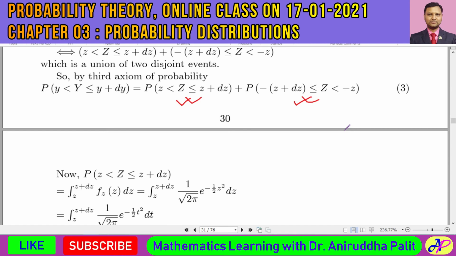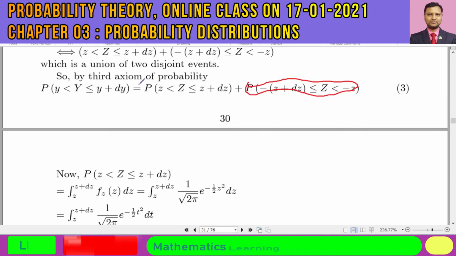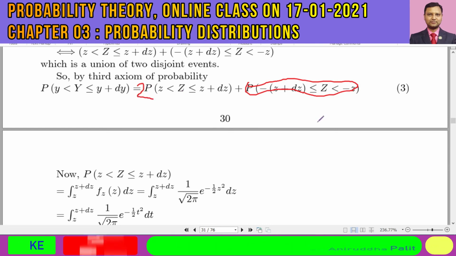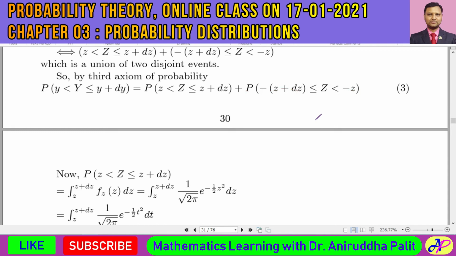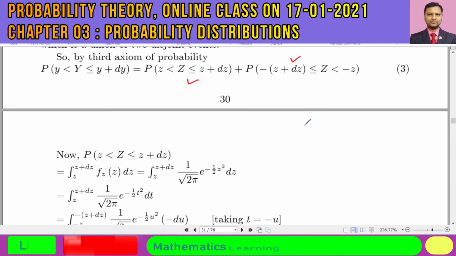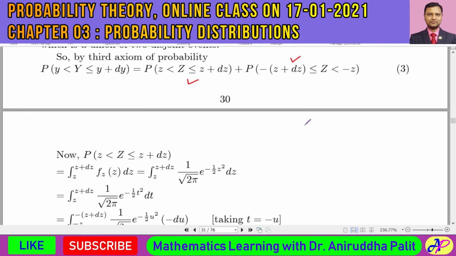And if it is possible to show this result, then in place of writing this term, we can omit this term, and we can simply write a 2 over here. That would be the advantage. So let us first prove this result, that the probabilities of these two kinds of events are same, and that is very easy to prove. And remember, that would be the key factor of this proof.